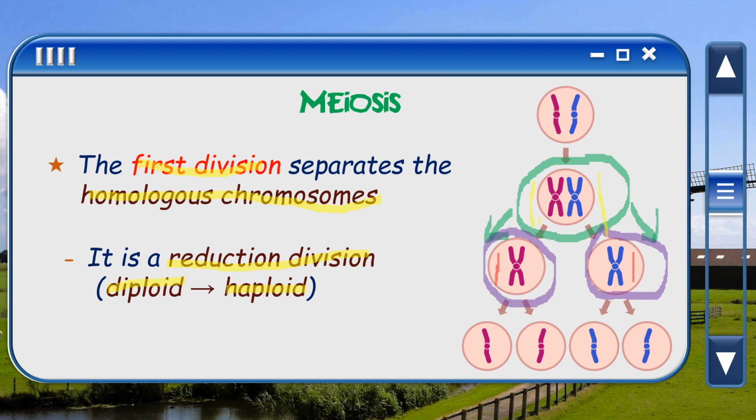From being 2 chromosomes in one cell, now we have 1 chromosome in each cell. That is what we are referring to as a reduction division: it has moved from diploid to haploid.